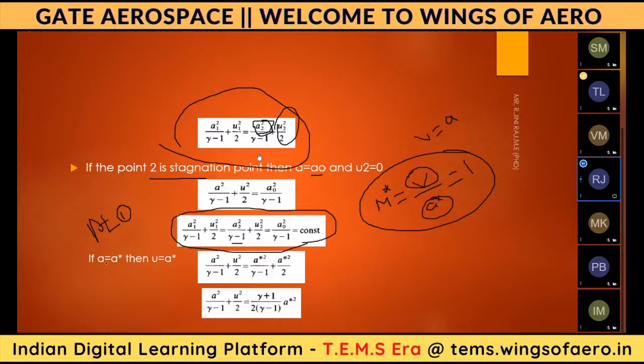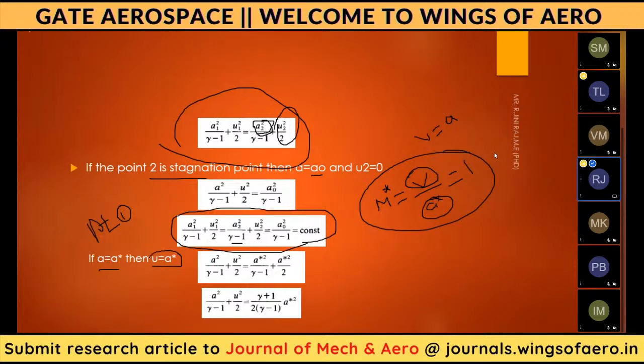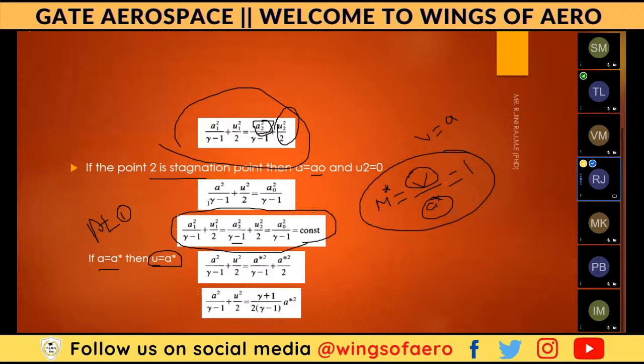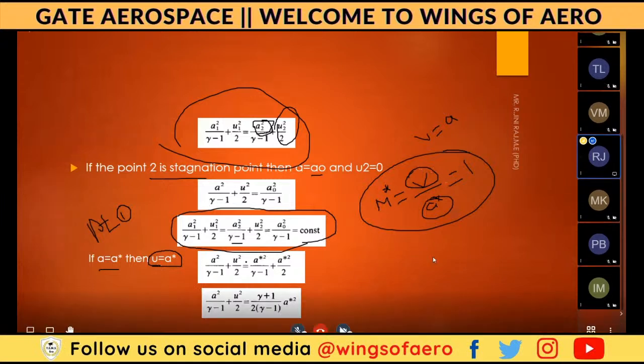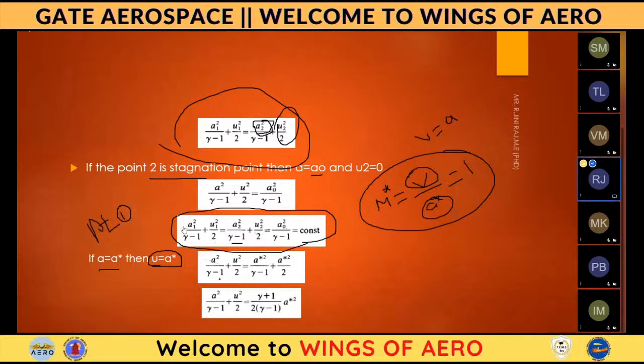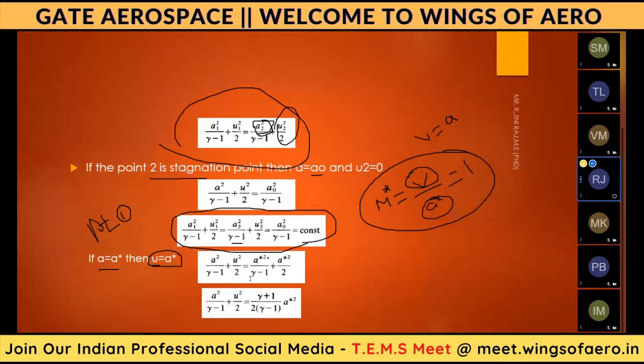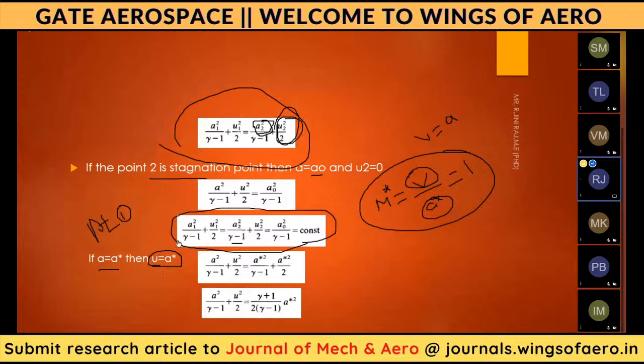So I am substituting a equal to a star and u equal to a star, because the velocity is also the same now. In the above formula, a square divided by gamma minus 1 plus u square by 2 equal to, here it will become a star square divided by gamma minus 1 plus, but we know that u is not 0 here, u will become a star. Therefore, by substituting, it will become a star square divided by 2.